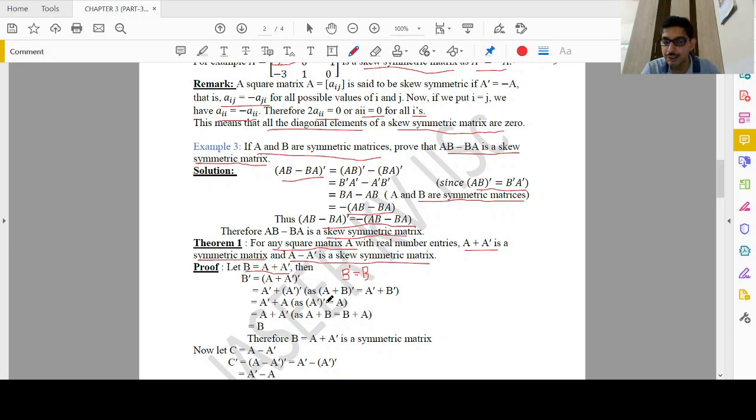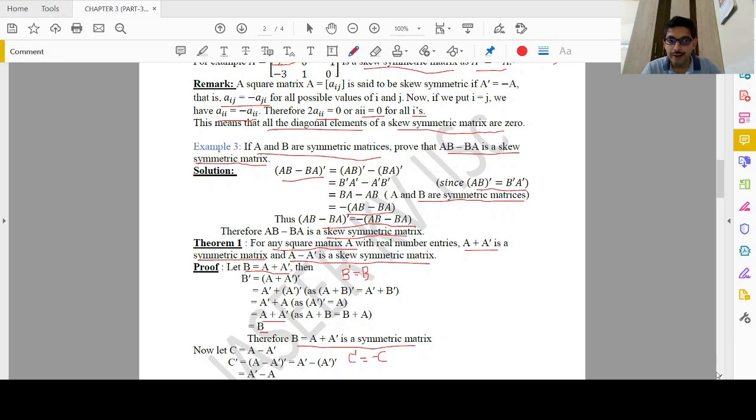Again, (A dash) whole dash is equal to A, so we can write this as A dash plus A. Since matrix addition is commutative, we can write it as A plus A dash. Now this is the same as B. So we got B dash equal to B, and we can say that B equals A plus A dash is a symmetric matrix.